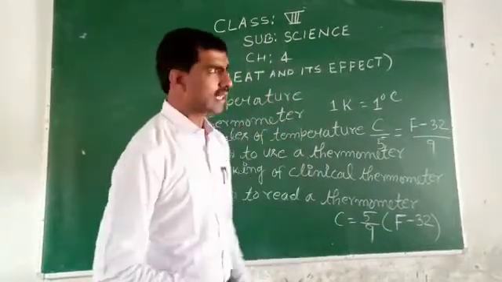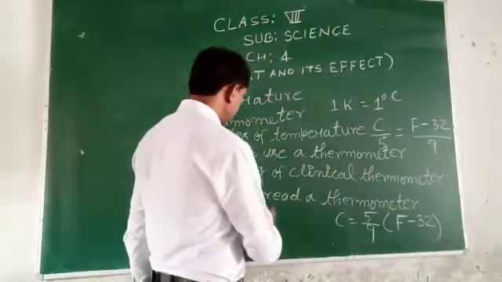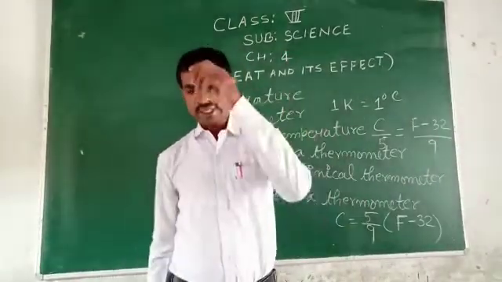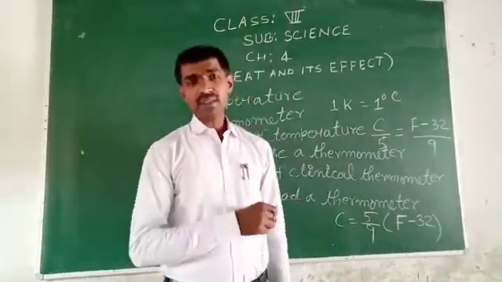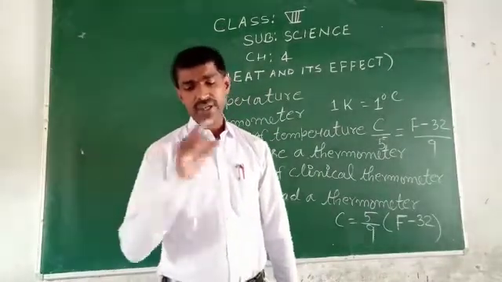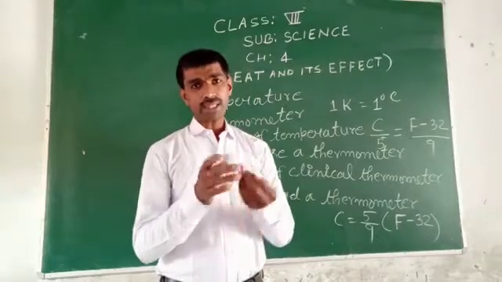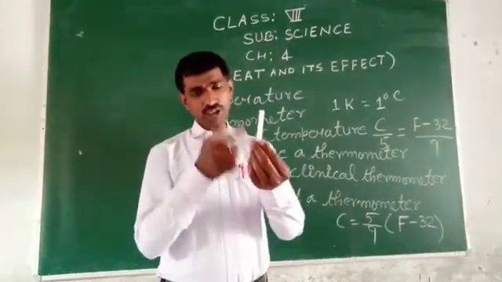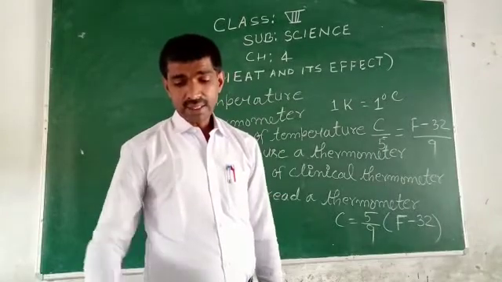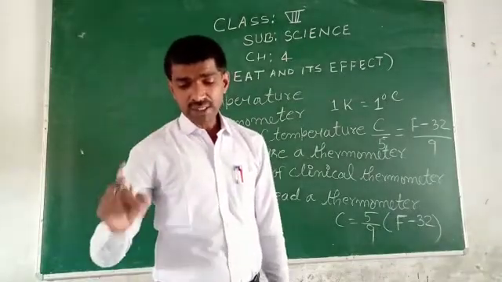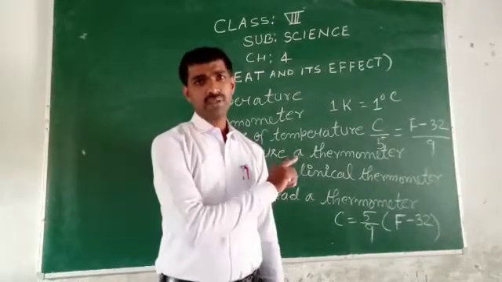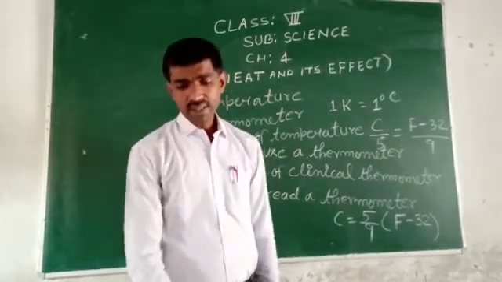So how to read a thermometer? Firstly, take a thermometer and look at the markings on it. Then count the number of divisions between them.